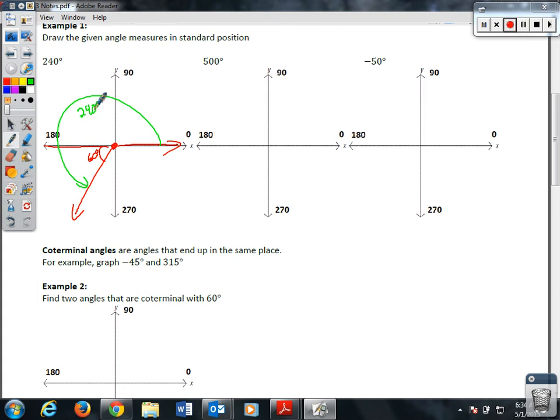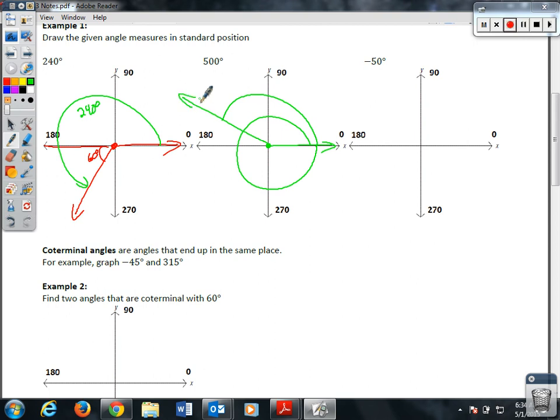For the second one, we have 500 degrees. That's more than 360, and 360 is a full circle. So we're going to go all the way around once. That's 360. If we take 500 and subtract 360, we have 140 left. So we need to go 140 more than that, so we're going to go around to maybe there.